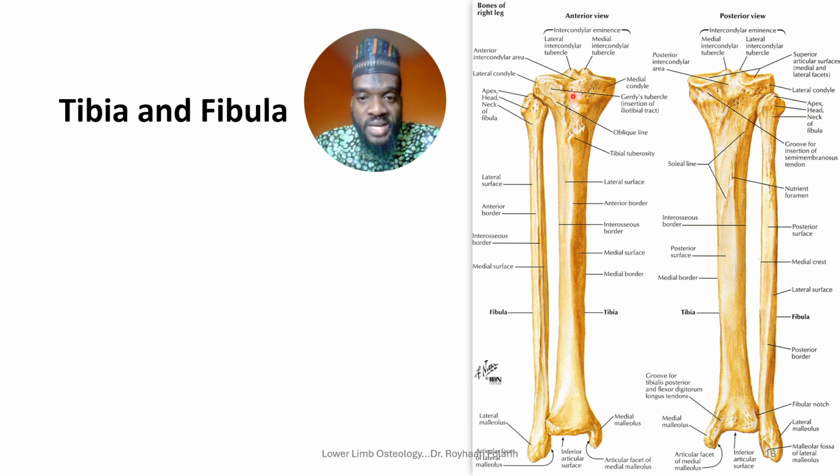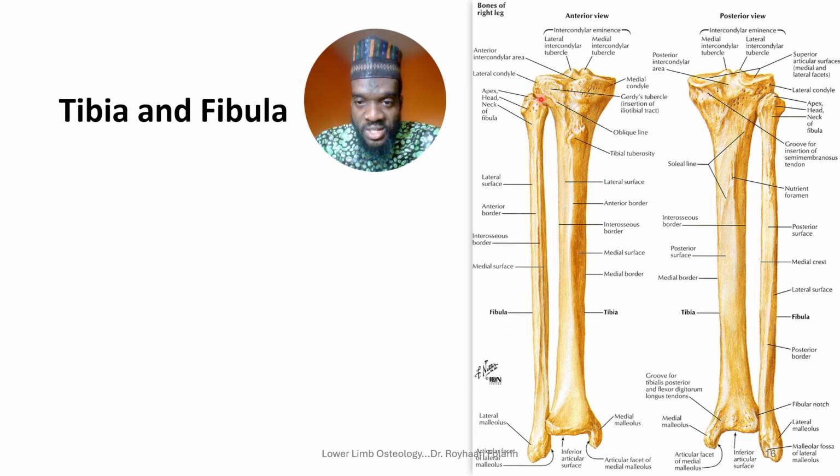So we also have a region just anterior to that eminence known as the anterior intercondylar area, and that's what you have right here. So here is the Gerdy's tubercle. You find that on the lateral condyle, anterior to the lateral condyle. Okay, so that's the Gerdy's tubercle.